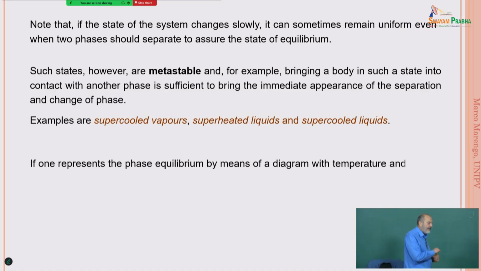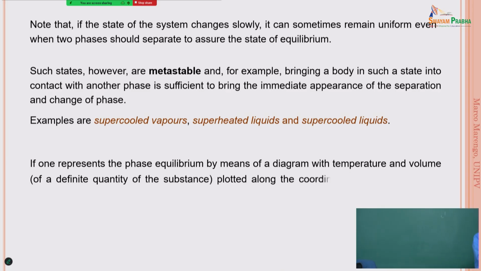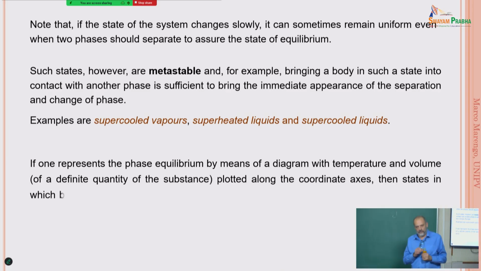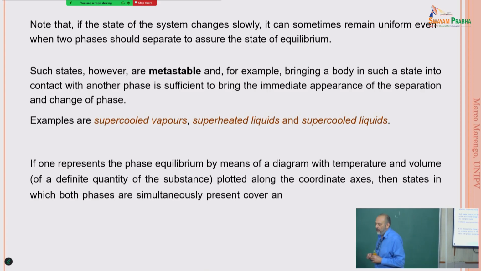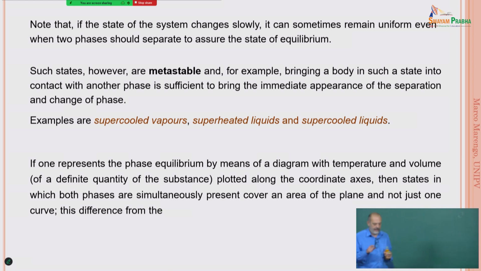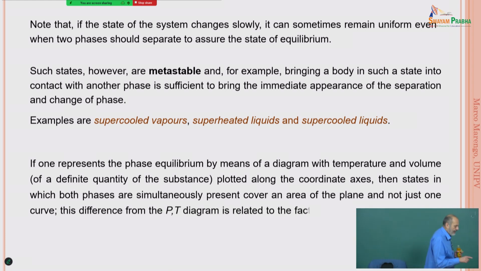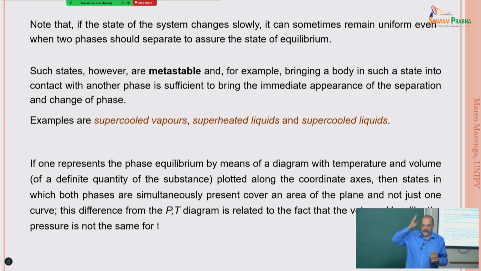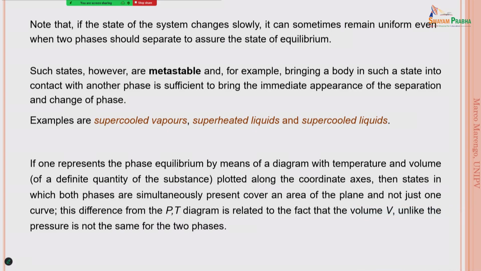So, another point that we need to consider is the so-called metastability, which is very important for multiphase flows. When we have a phase change, in reality, the phase change is not happening instantaneously at the given temperature and pressure.